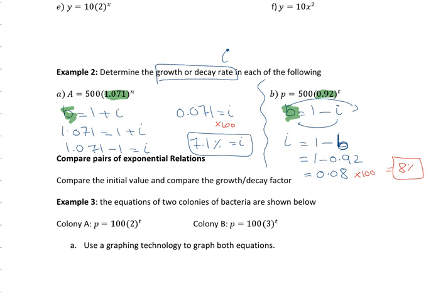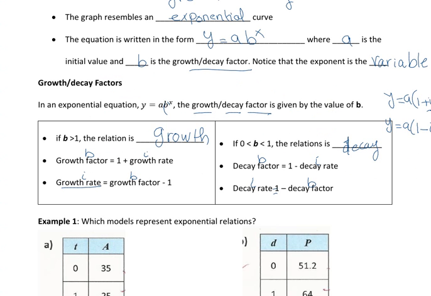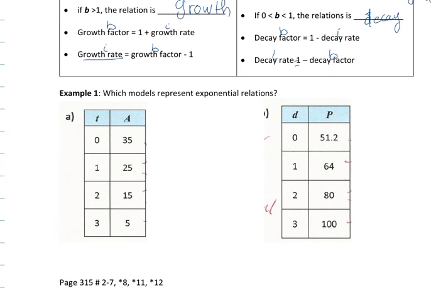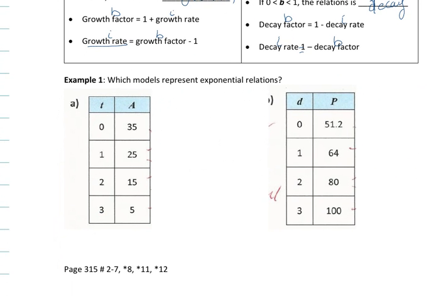Now, in the question that asks which model represents exponential relations, we know that we have to have a constant what in a table of values? Constant ratio. A constant ratio. So remember, with the ratio, I had to divide y2 divided by y1.